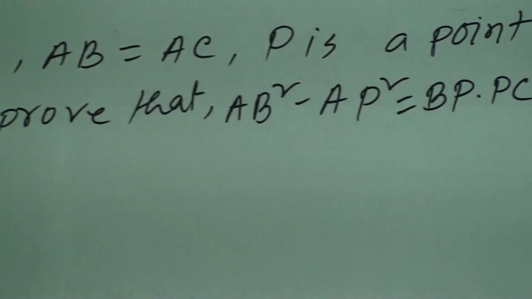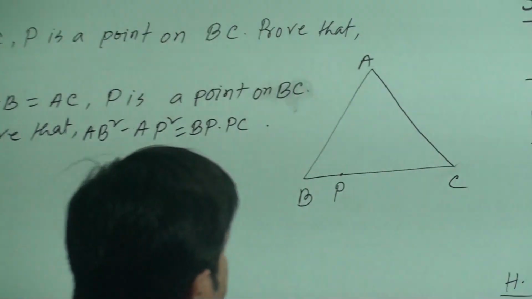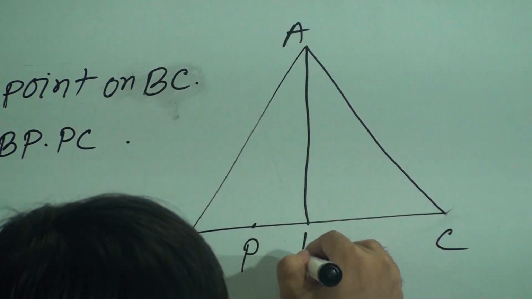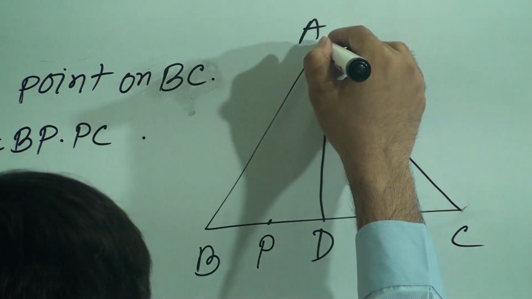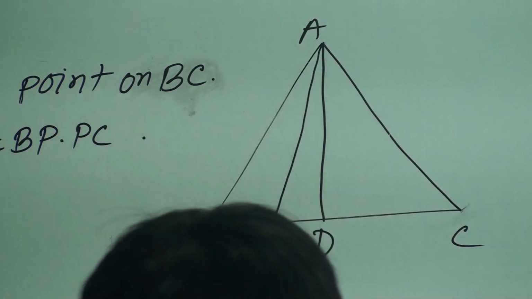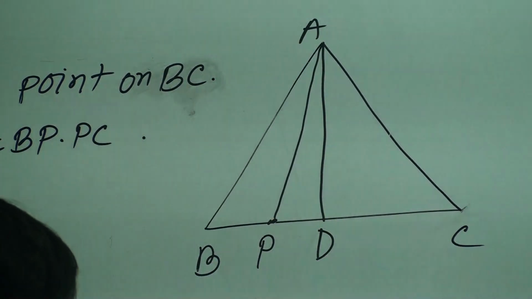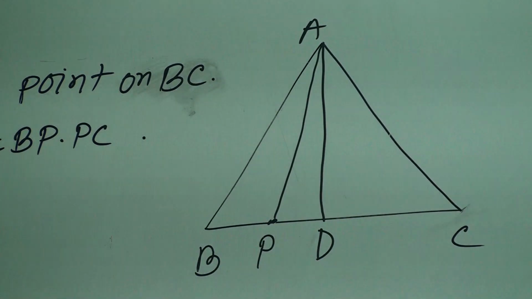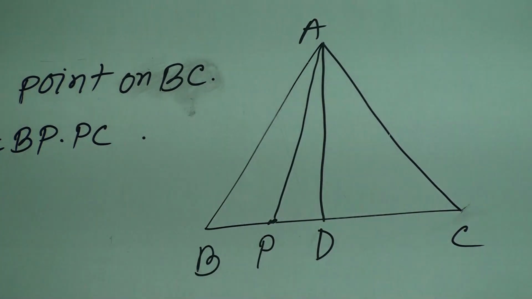Okay, dear students, to prove this we need some construction here. See the construction. At first draw a perpendicular AD on BC, and then join AP. Dear students, as AD is perpendicular to BC and AB and AC are equal, as this is an isosceles triangle, AD bisects BC.